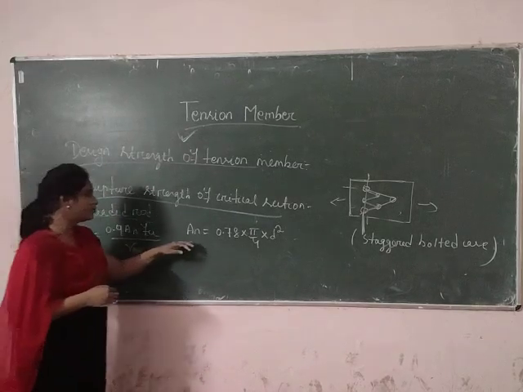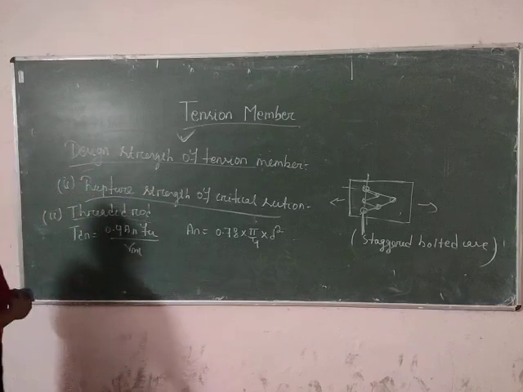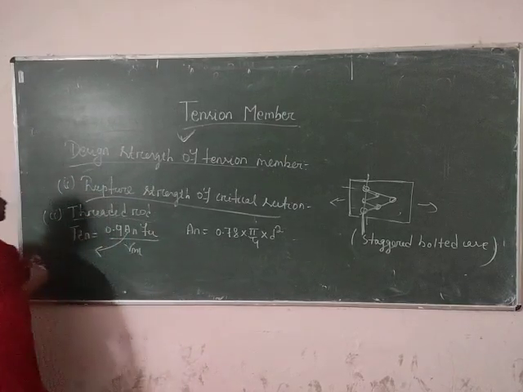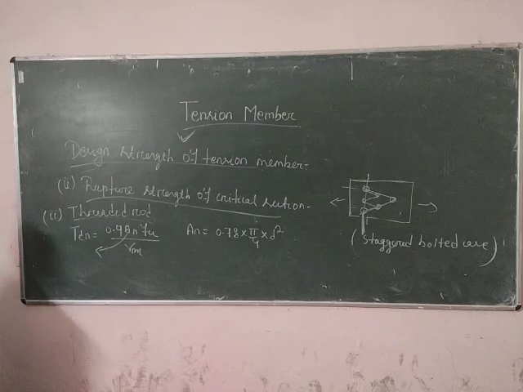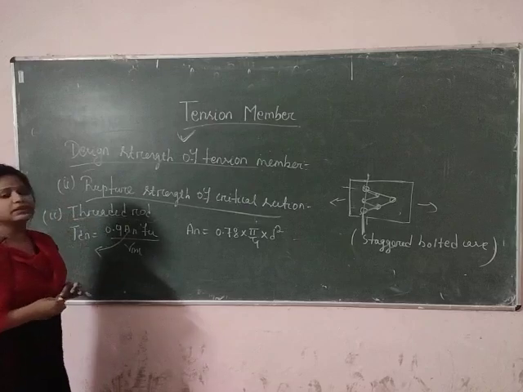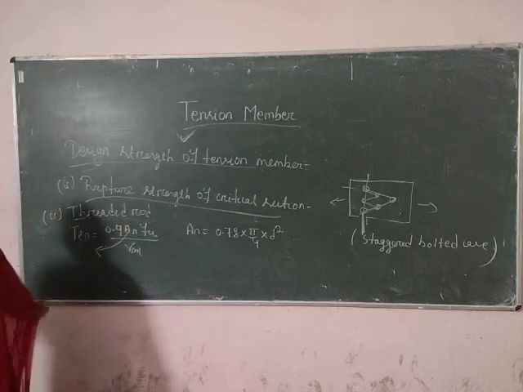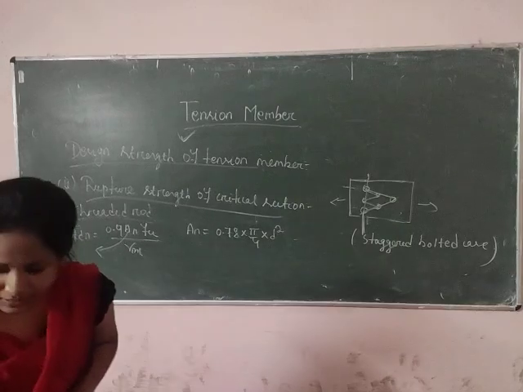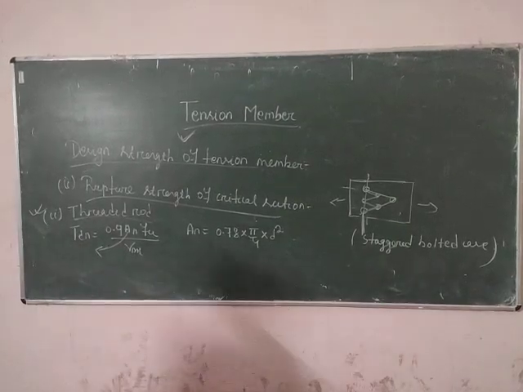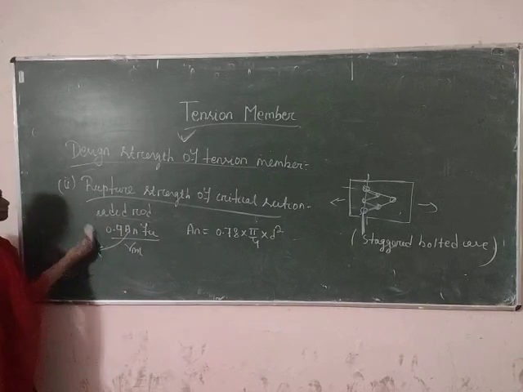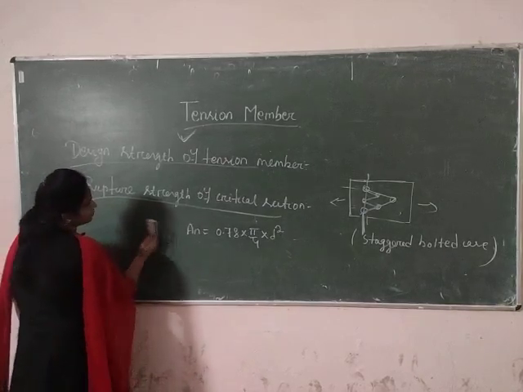So here the only difference is in the net area, and d is the diameter of the threaded rod. Okay, so in this way you can calculate the rupture strength if the threaded rods are used as the tension member. Okay, then come to third case.